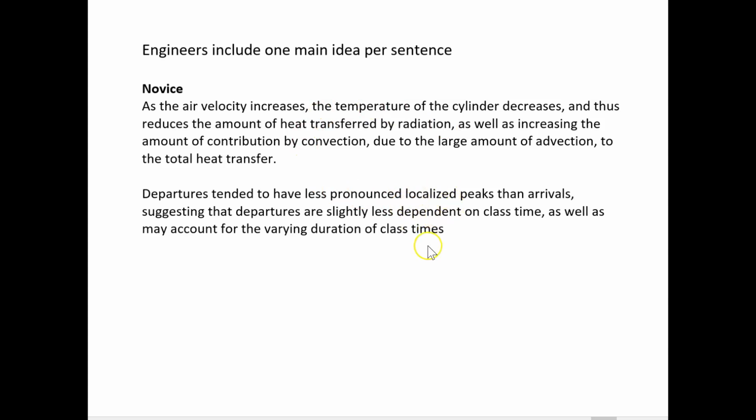This next sentence is another example of the same thing. The sentence is fine up until "as well as," and there are other problems as well, but oftentimes too many ideas get crammed in a sentence so that we can't understand what is impacting what.